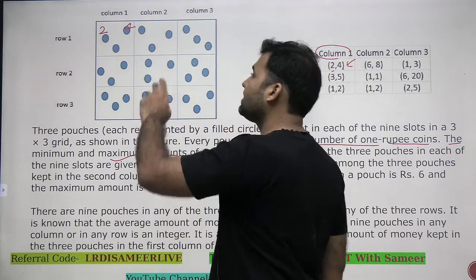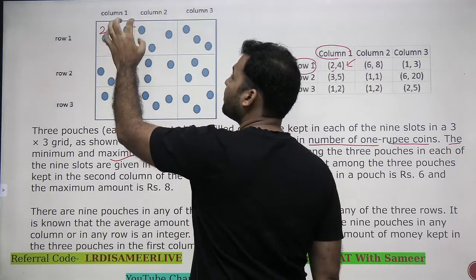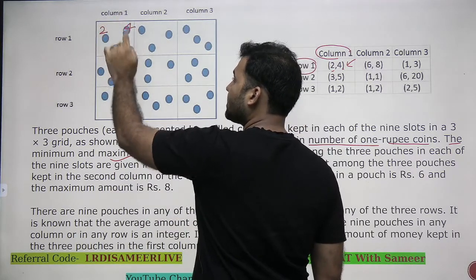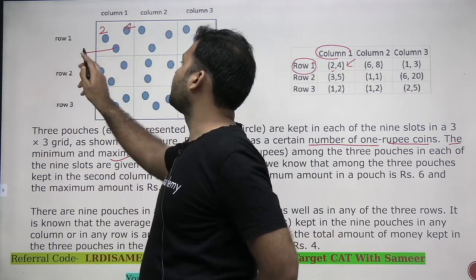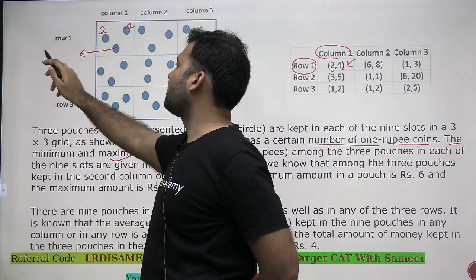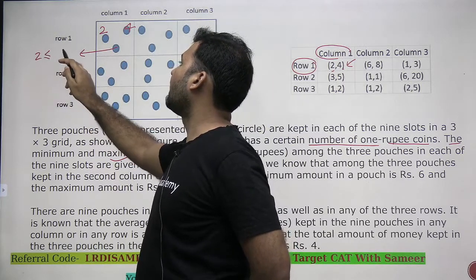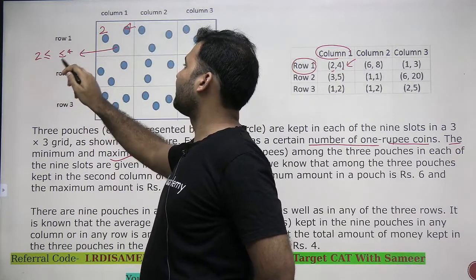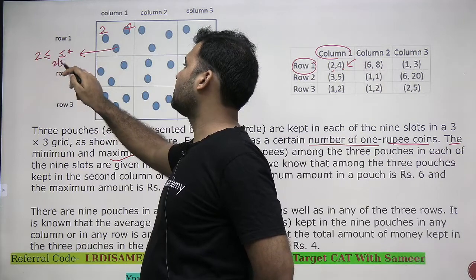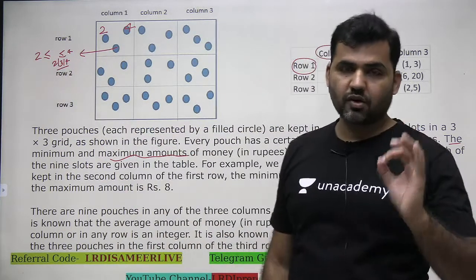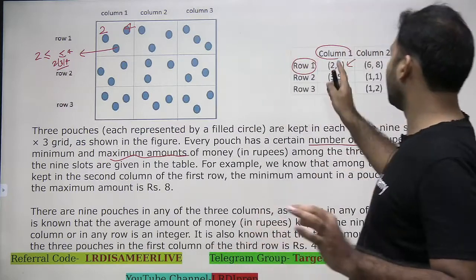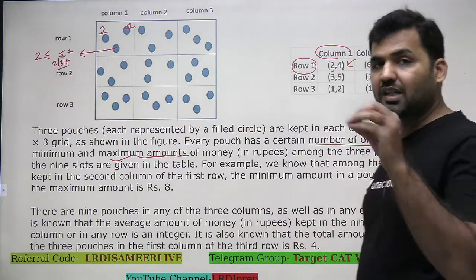That means if this is the minimum and the maximum number of coins in the pouches in this particular cell, what are the possibilities for this cell? Can I say that this pouch will be containing a number of coins which would be greater than or equal to 2 and less than or equal to 4? So I have 3 possibilities for this. It can be 2, 3 or 4. This pouch can contain either 2 coins or 3 coins or 4 coins as per the definition here, because the minimum is 2 and the maximum is 4.